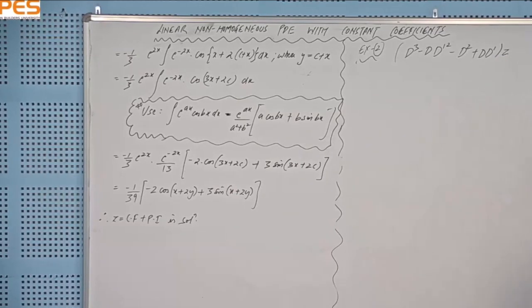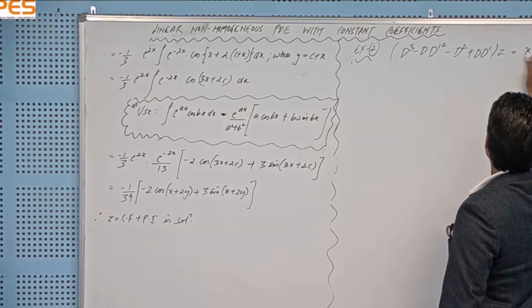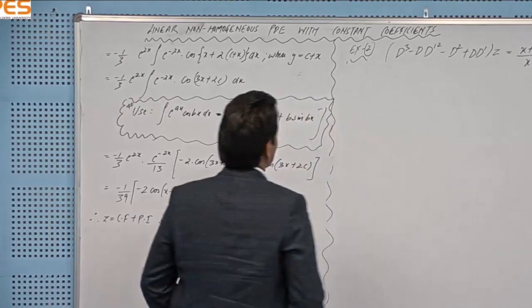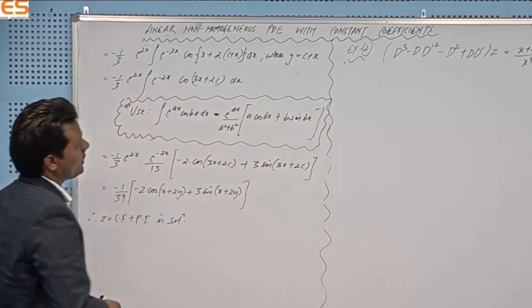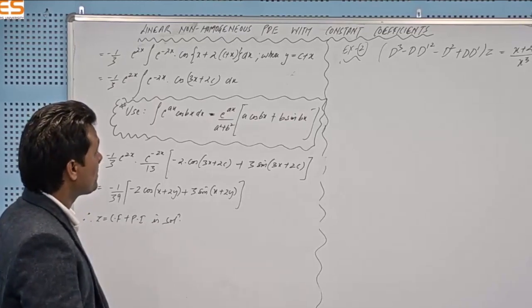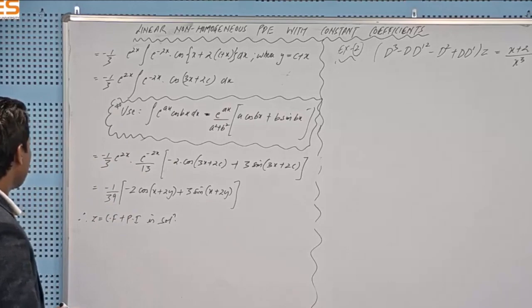And the right hand side I will take x plus 2 upon x cube. Now focus on the left hand side operator, that's f(D, D dash). First it should be expressed as a product of linear factors, because otherwise this formula will not work.